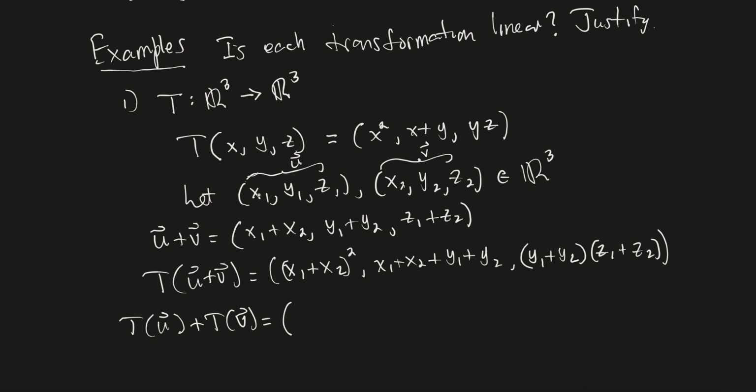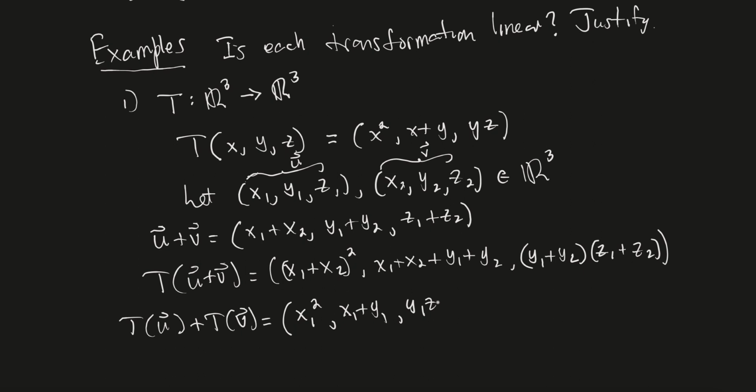It squares the first component, so I'll have x1 squared, and then it adds the x and the y component, so this would be x1 plus y1. Oh, this is supposed to be a comma, to separate my components. And then it multiplies the second and third components to get the third component of the image.